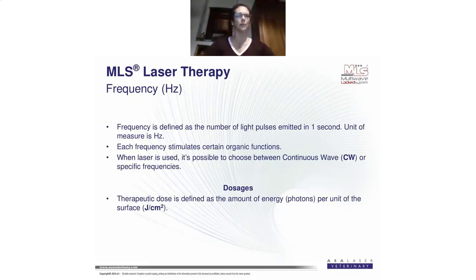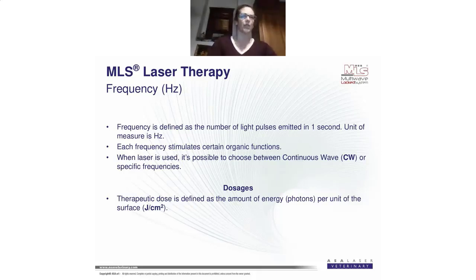We will see that when we treat tendons and ligaments, we will use almost always the same frequencies, because tendons and ligaments respond very well to the frequency that we have chosen. And it is possible to use also continuous wave when we need a very strong effect and a very strong power, because we reach the maximum power of the laser.